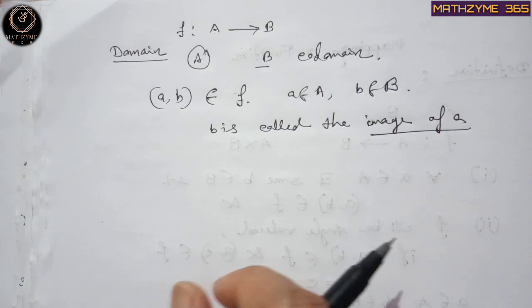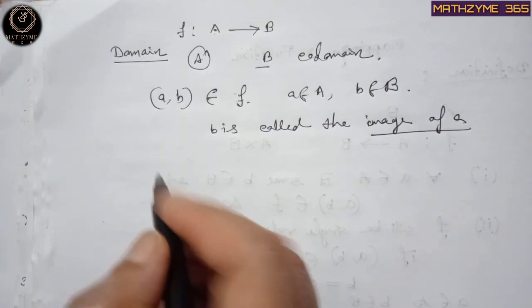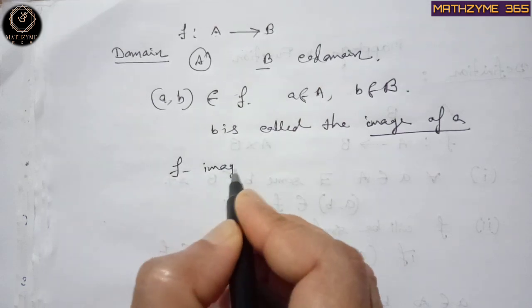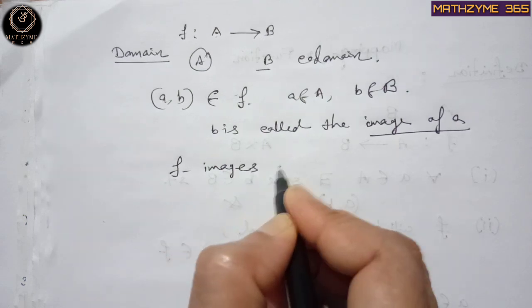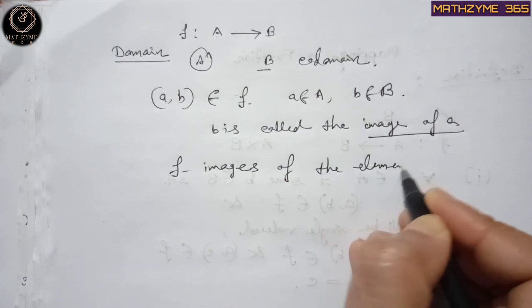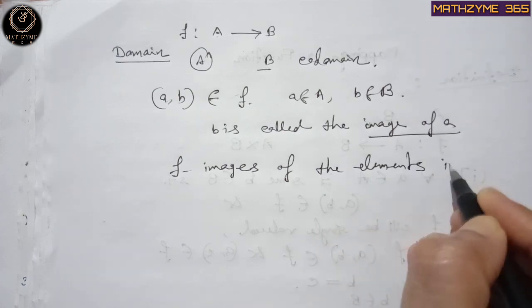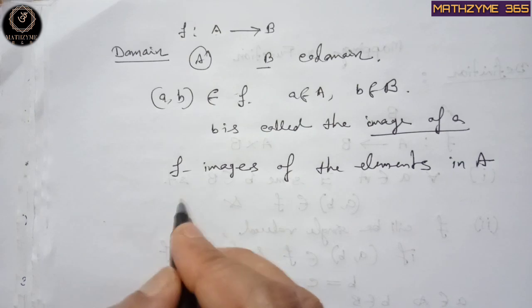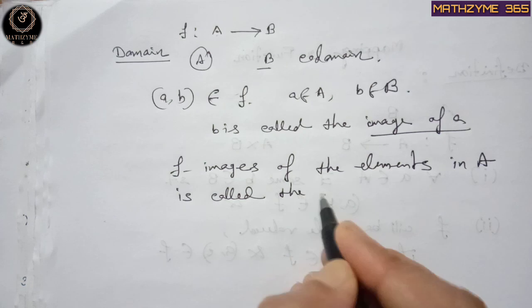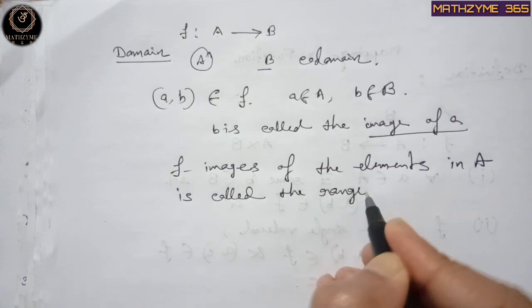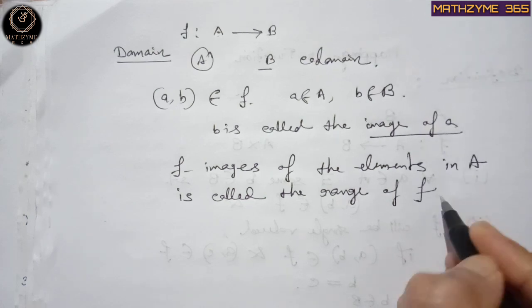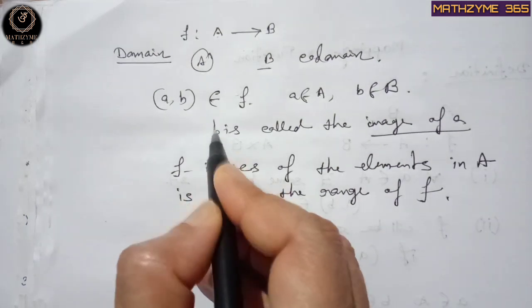Okay, now what is range? The set of all f-images of the elements in A is called the range of f, that is, the collection of b's.